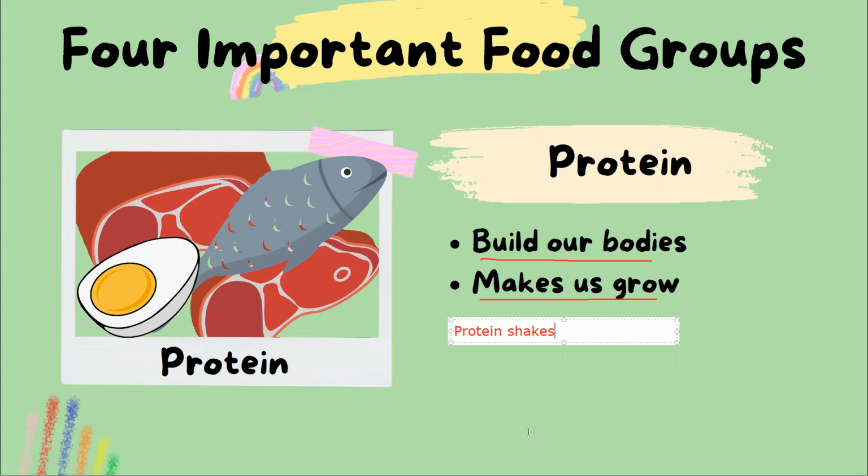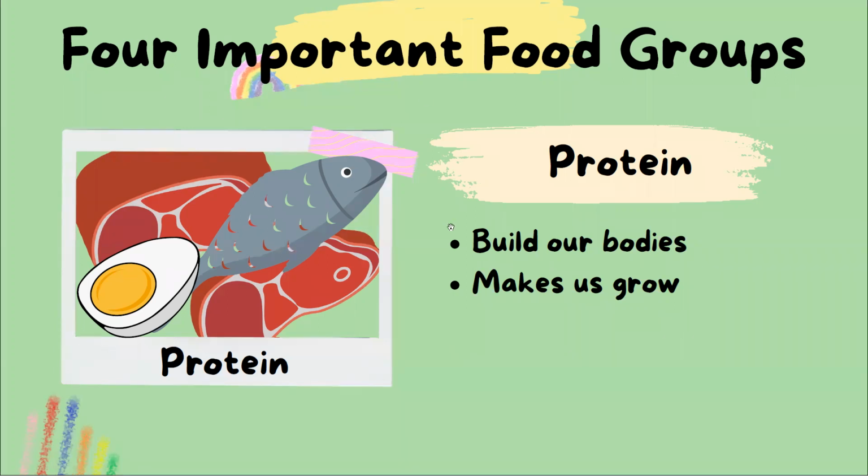Protein shake is not necessarily good for you. Protein shake is actually for people who wish to build their bodies to make them more muscly. When they do this, they require so much protein that it is much easier to just take in protein shakes.